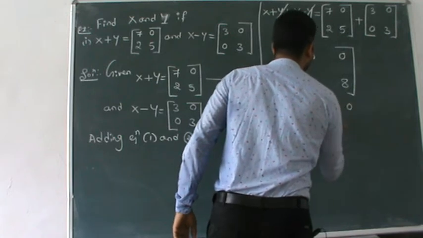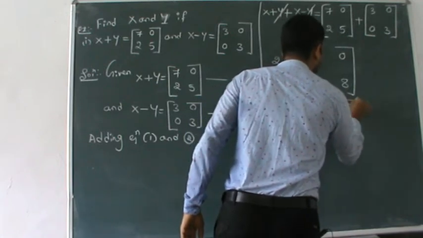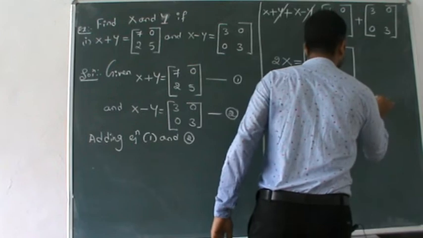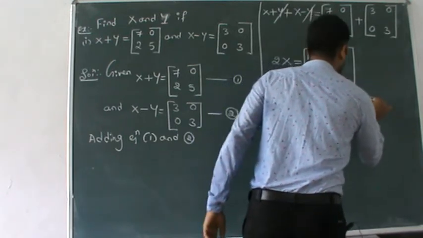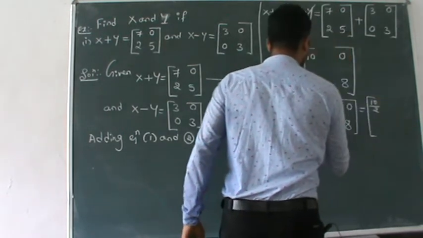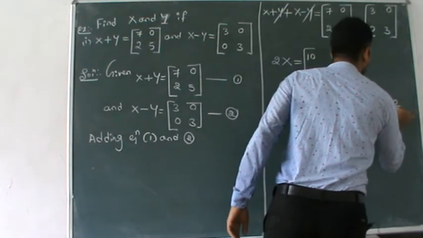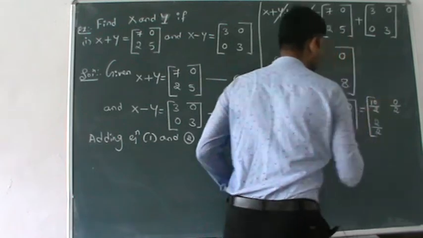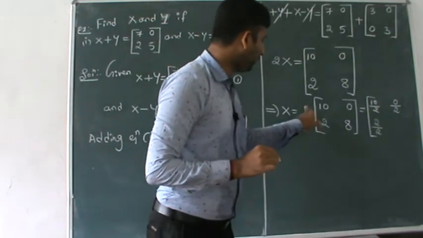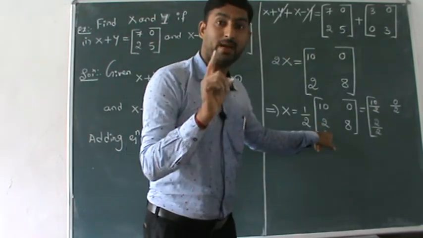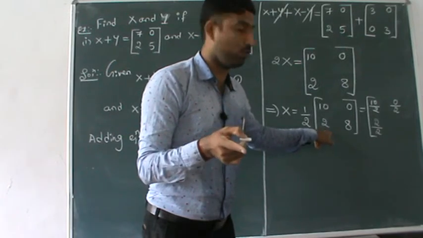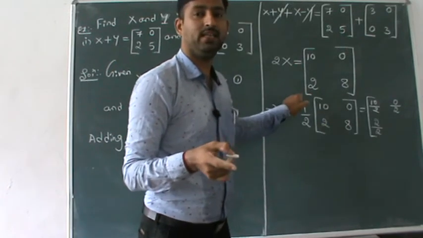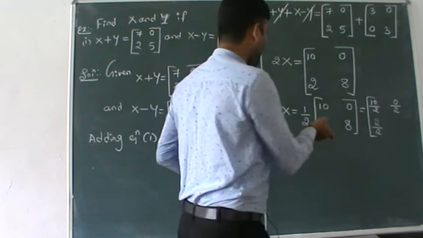Then x is equal to the matrix divided by 2: 10 divided by 2, 0 divided by 2, 2 divided by 2, 8 divided by 2. Here the first point is, don't confuse it with 1 by 2 into 2 as 1 by 4. The 2 is divided into every element, skip it in the numerator.